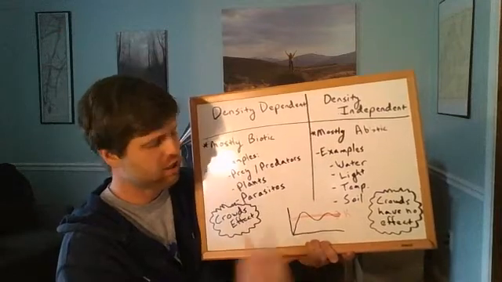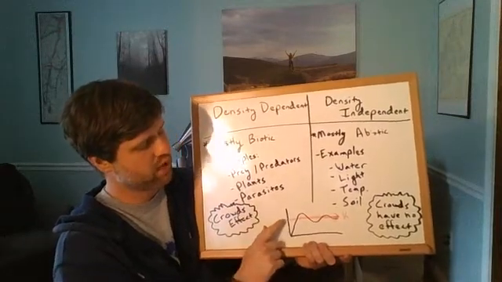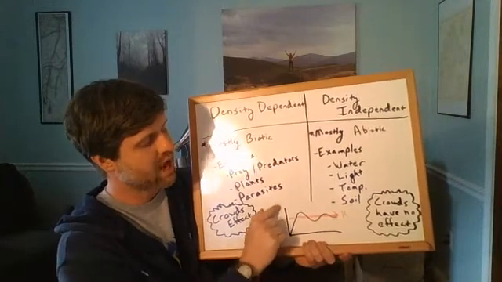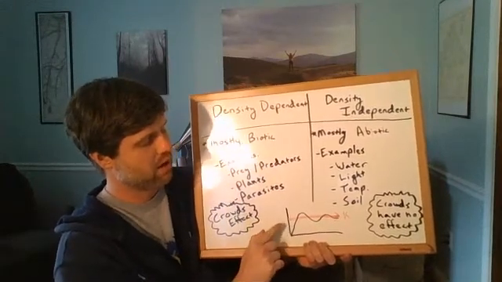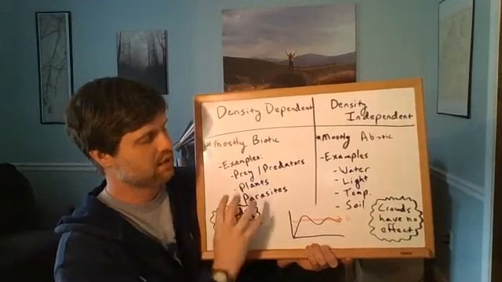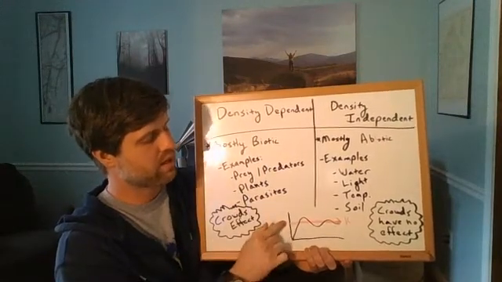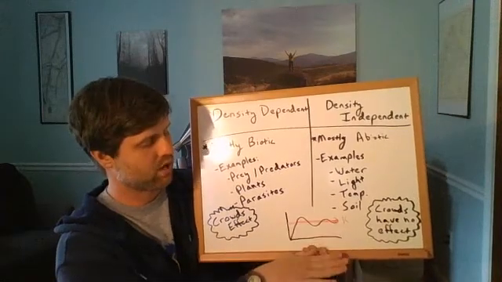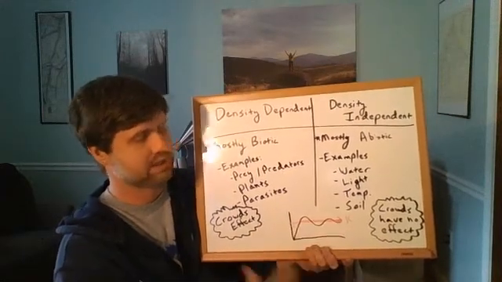So why does this matter? Well, these things help determine where carrying capacity is on the line, that red line. Is it going to be higher or is it going to be lower? And when it comes to density dependent factors, as the population gets bigger and bigger and bigger, this line may start to drop. The red line goes down because now they're competing.